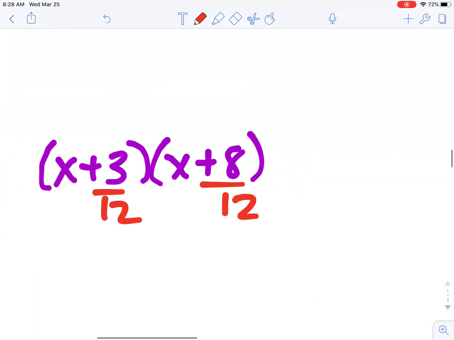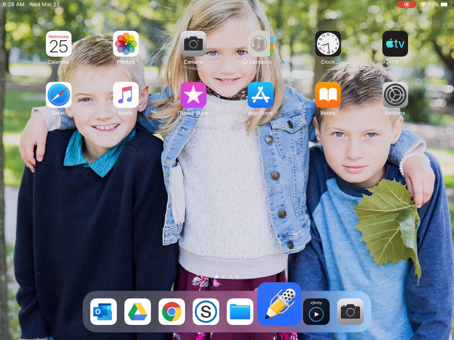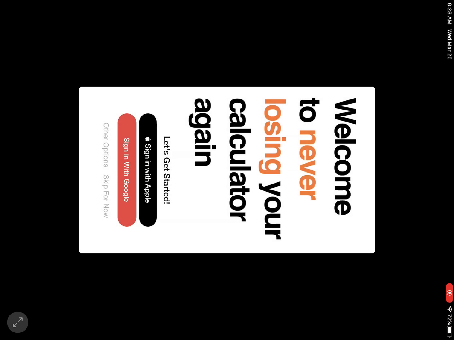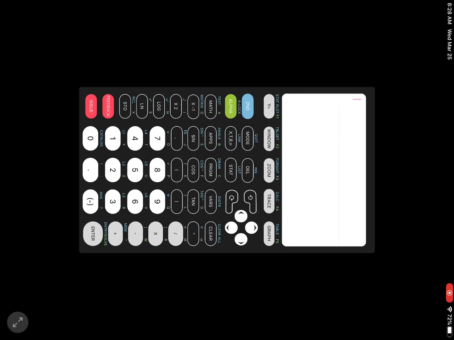When you were doing your problem by yourself, did you check on your calculator with the alpha y equals? Let me see if I can find my calculator here and try that. Okay, so second alpha y equals, it does do that for us.